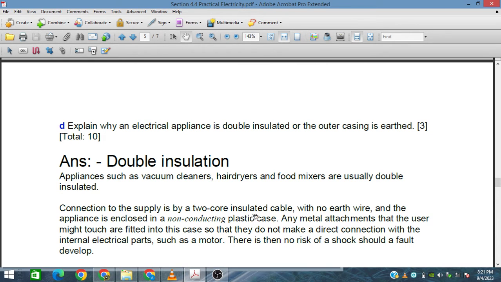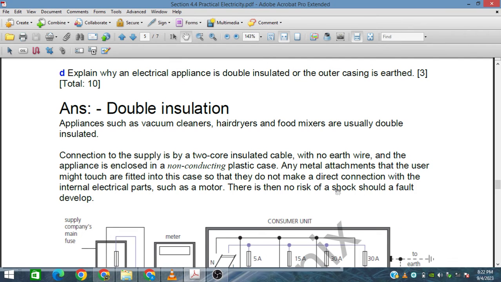So this plastic casing protects the user from getting an electric shock. Double insulation and this non-conducting plastic casing may prevent the user from the risk of electric shock in case a fault develops.